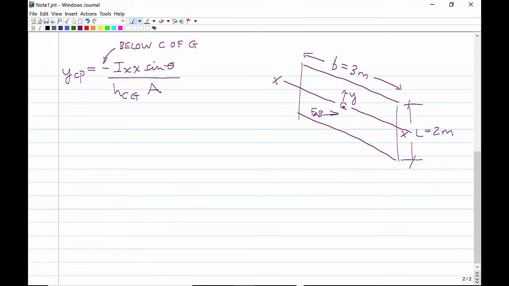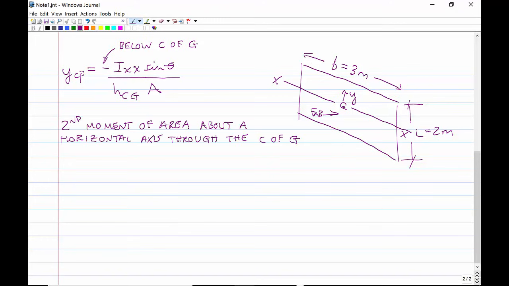So to calculate YCP, we need to calculate the second moment of area. So we need to calculate the second moment of area about a horizontal axis, this axis here, XX, which passes through the center of gravity. And you should recall that IXX is the width of the surface for a rectangle times the length cubed divided by 12.